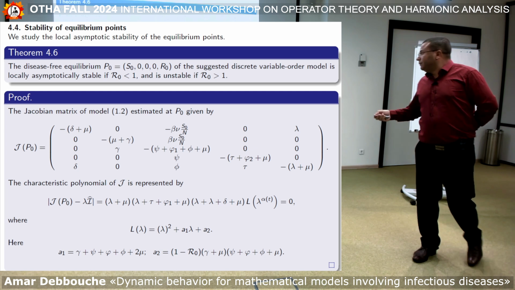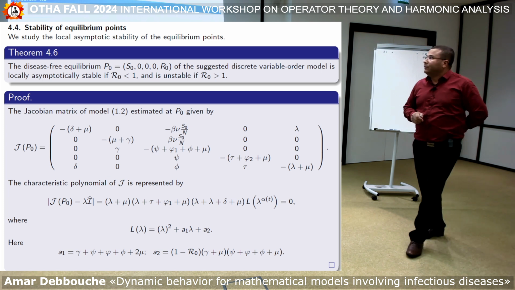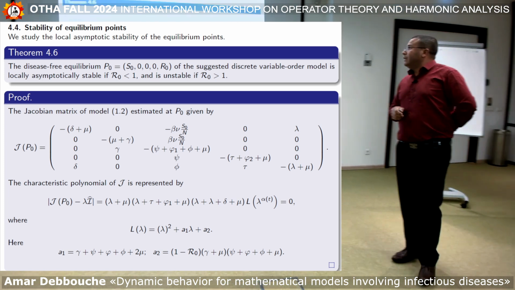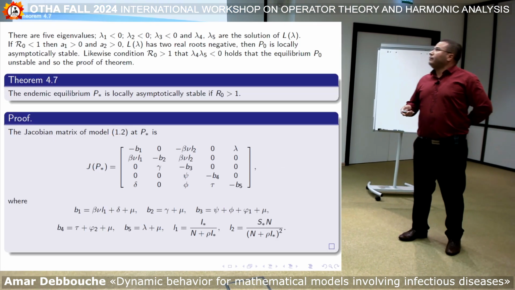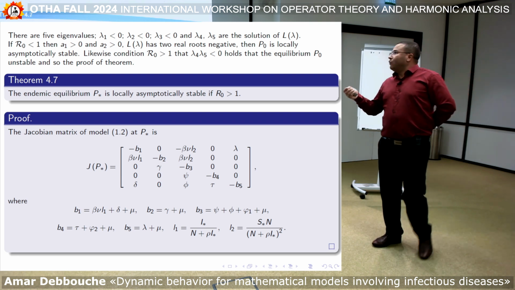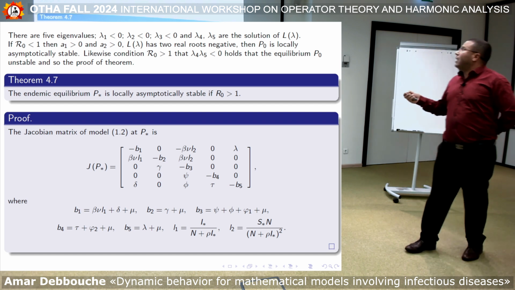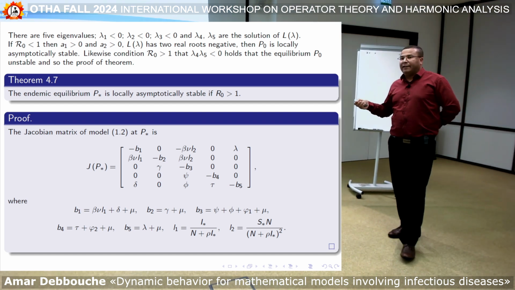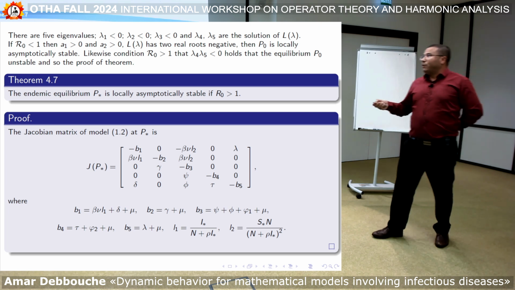We try to estimate the coefficients A1 and A2 to understand the nature of stability. So we will have two cases. The first one, if R0 is less than 1, we will have local asymptotic stability. Otherwise, we will have no stability.